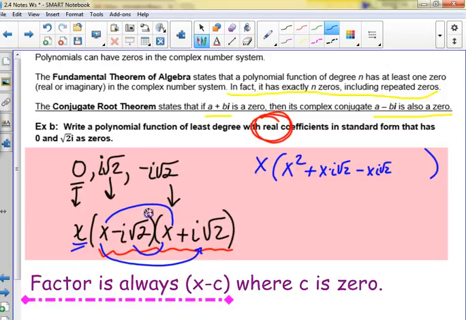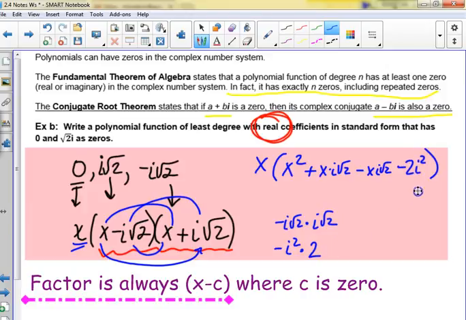That was the whole point. And then last times last. Okay, we're multiplying this times this. Be careful. Minus i squared times 2. Right? i times i is i squared. Square root of 2 times square root of 2 is 2. What does that become?